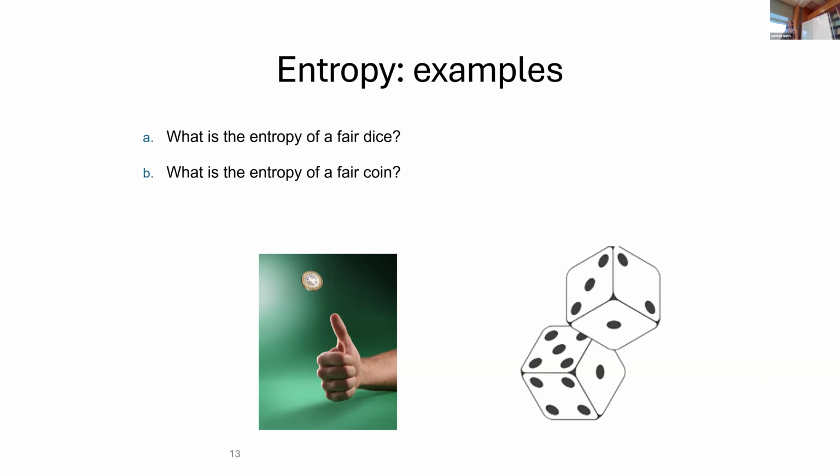Let's say I play a game, I throw a die, and I want to tell Avia what the outcome of rolling a fair die was, as efficiently as possible. So I want to use bits. What will be the number of bits that I will need?